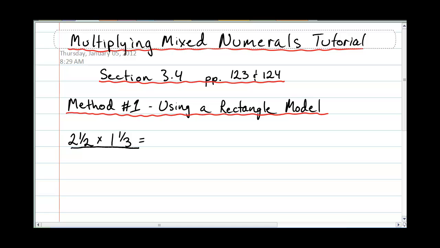Well, the first thing to understand is that you can rewrite this, break it up into its smaller parts. So this is also 2 times 1 is the first that we can do. Plus, because multiplication is repeated addition, we can go 1/2 times 1.